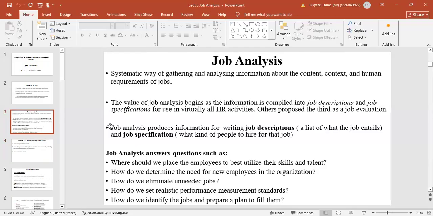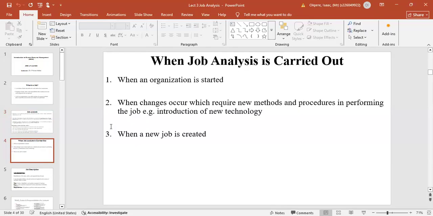Okay, so when do we do job analysis? When do we carry out job analysis? We carry out job analysis when we set up a new organization. That is the first one. When we set up a new organization, when you are about to study jobs, we need to do job analysis.